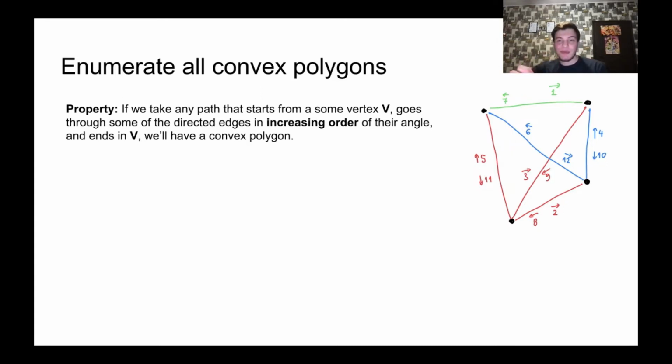This is the property that if we look at some path, it will be a convex polygon if it's increasing by the polar angle.